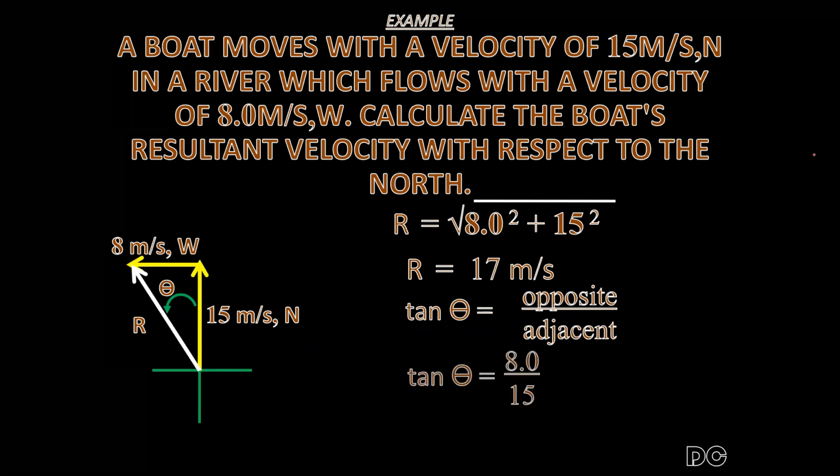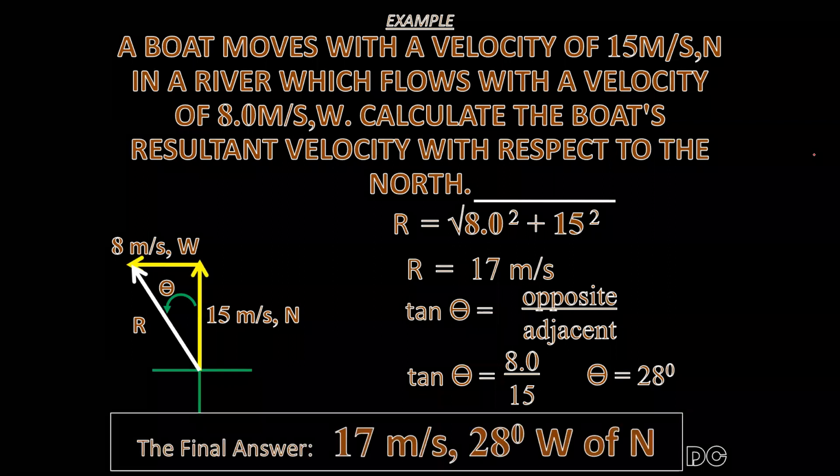So tan theta is equal to 8.0 divided by 15, since the opposite of our angle theta is 8.0, and the adjacent is equal to 15 meters per second. If we compute this using our calculator, it is equal to 28 degrees. And so our final answer is now equal to 17 meter per second, then comma, 28 degree, then west of north.